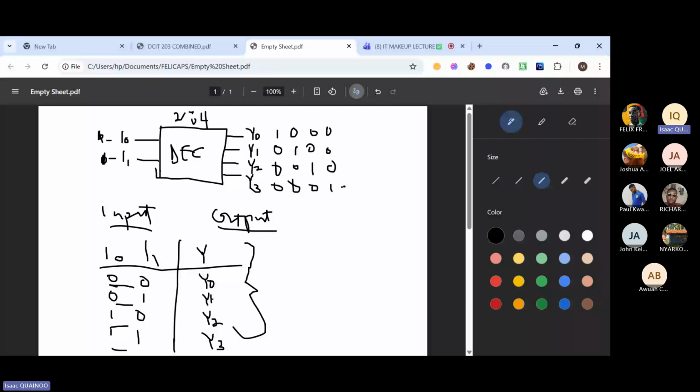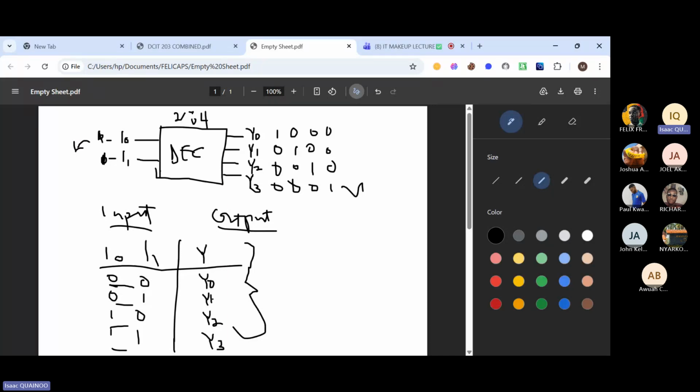So what we basically do is that we take the input, convert the binary input into its decimal equivalent, and then you just note the corresponding output.